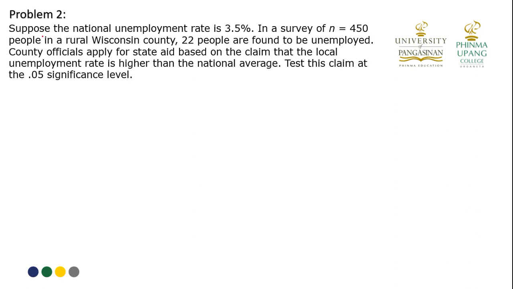Next. Suppose the national unemployment rate is 3.5%. Yan. So, may nabasa kayo ulit na 3.5%. P sub note na yan agad. So, P sub note is 3.5%. So, kalimutan ha, yung 3.5% hindi po yung decimal form. So, ang decimal form ng 3.5% is 0.0035.